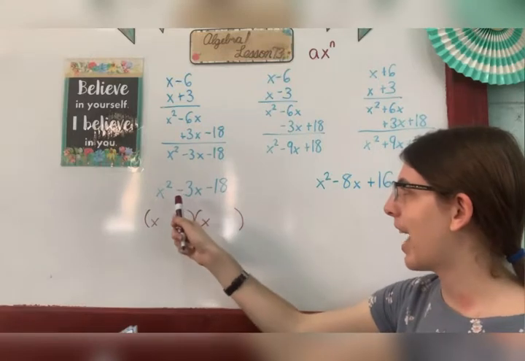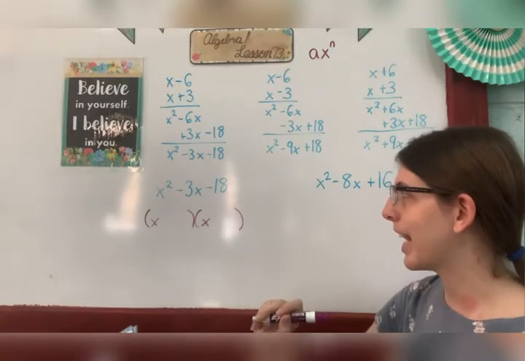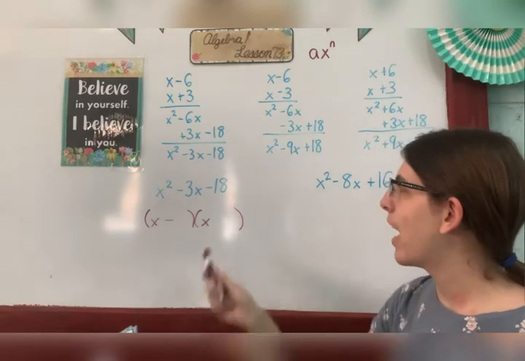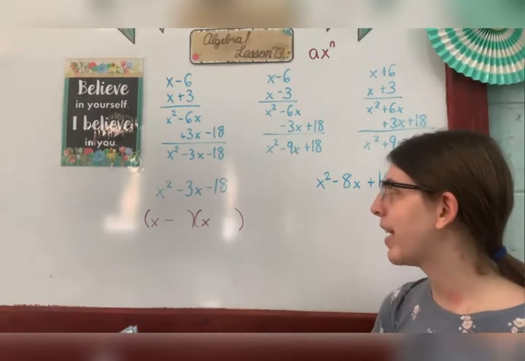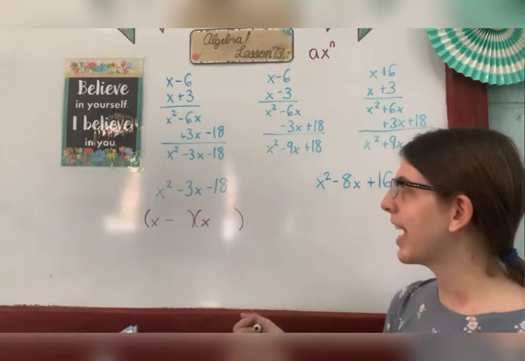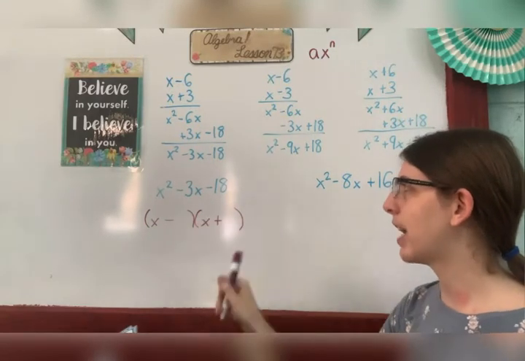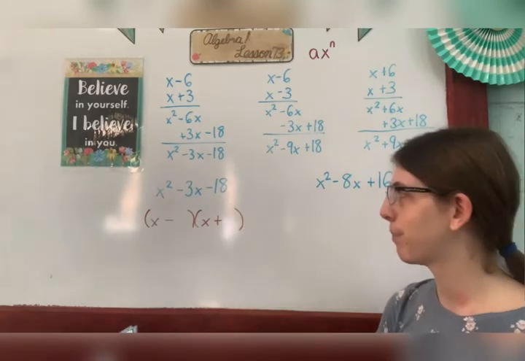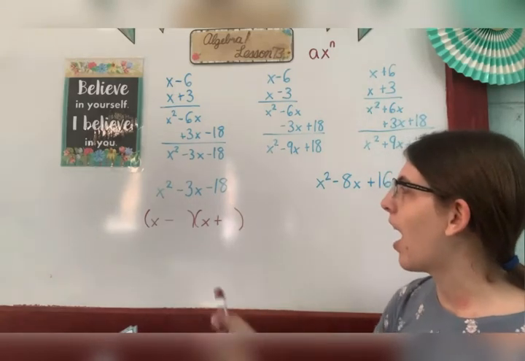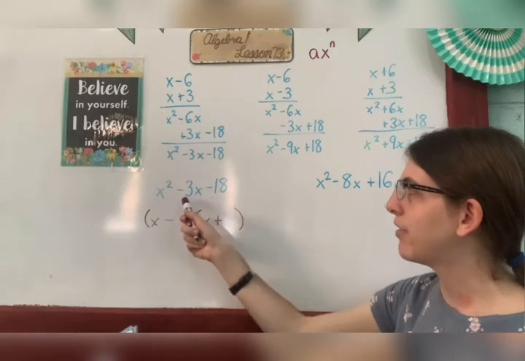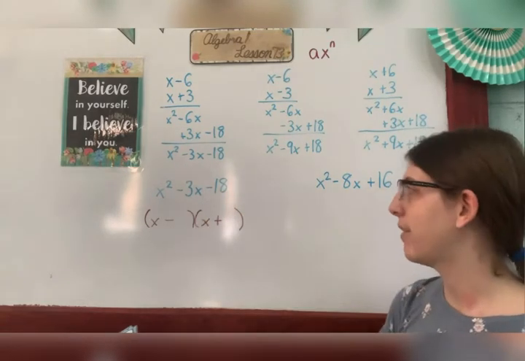So this means that at least one term is negative. So I'm going to go ahead and put a negative in there. Now I know that this back one is negative 18. To get that negative 18, one has to be negative and the other has to be positive, because a negative times a negative would give me a positive number. Now, whatever 2 factors that I multiplied together to get 18 have to also add together to get negative 3.